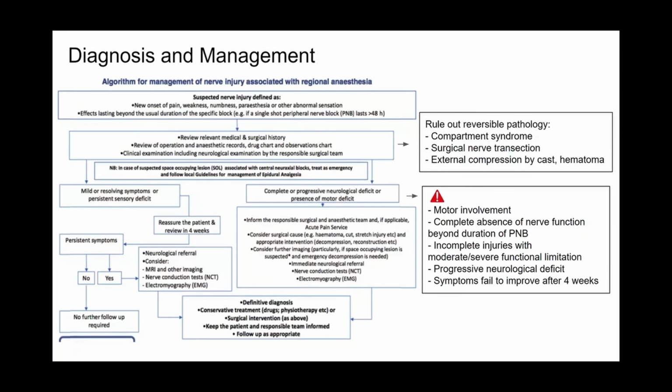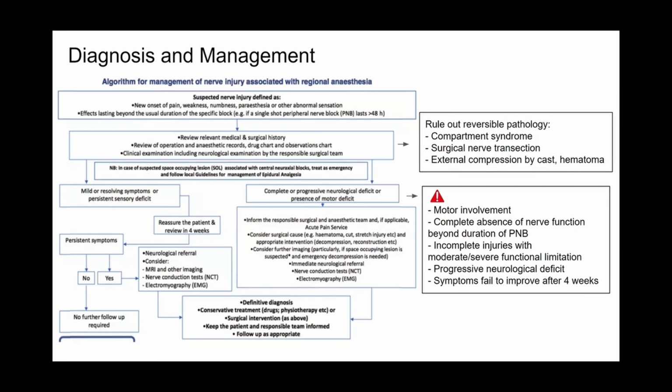And then we need to have a look at the operation notes to see if the surgery was complex or complicated, any nerve injury that could have happened during the surgery, any traction of the nerve, and where is the site of the surgery.